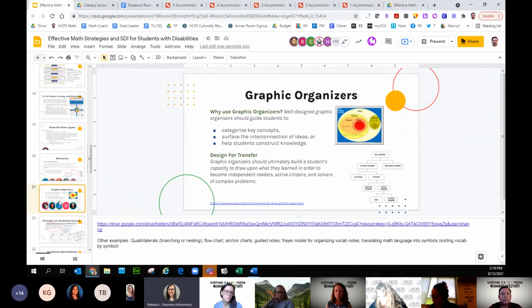I'll give my kids a graphic organizer that has plus, minus, multiply, divide, equals, and then they'll sort words into the categories to think about which words mean add, which words mean subtract, things like that. That's vocab related to the next slide. But yeah, those were the ideas we came up with.